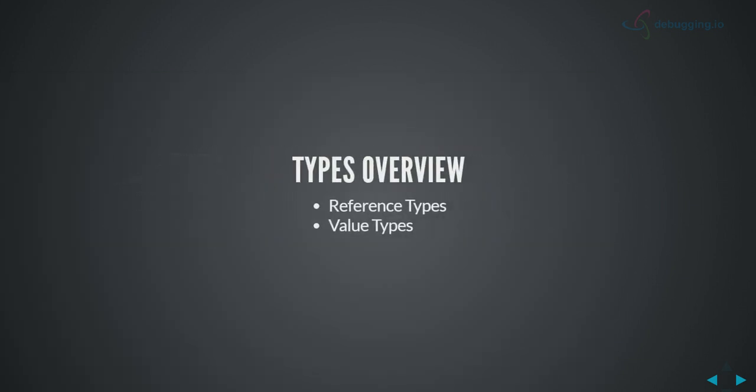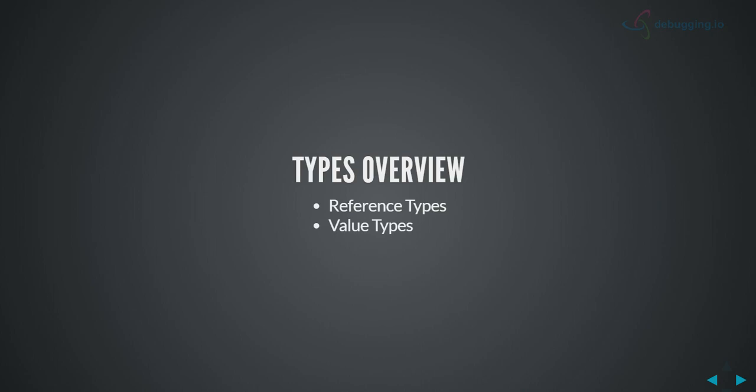Now, next is types. You all know, you have all written code in C Sharp or any managed .NET languages. So we have two types, basically, reference types and value types. A reference type is like your classes, and value types are like integer, or your enum values and stuff like that, basically struct.